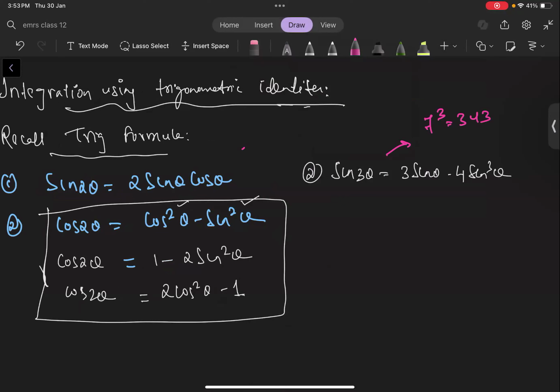Everybody is well aware that 7 cube is 343. So 343: 3 sine theta minus 4 sine cube theta. Now if you happen to remember the sine 3 theta formula, then you can easily remember cos 3 theta also, which is nothing but 4 cos cube theta minus 3 cos theta.